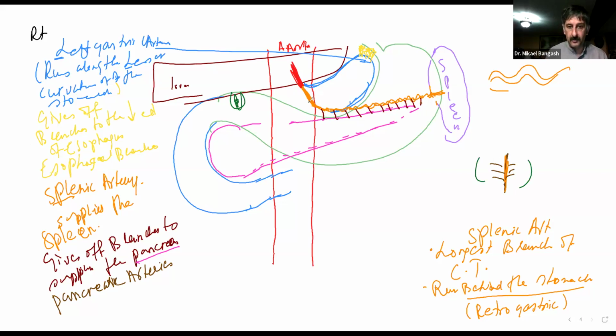Likewise here, as your splenic artery takes its course behind the stomach, mainly it takes blood to the spleen. But on its way, it also gives off branches that supply blood to the pancreas, called the pancreatic arteries.